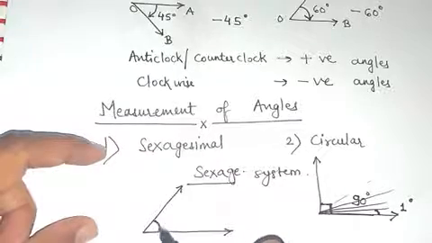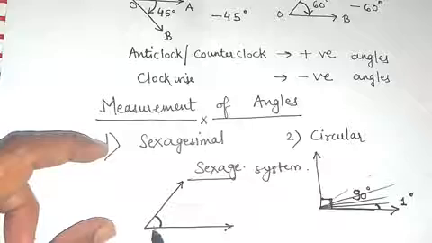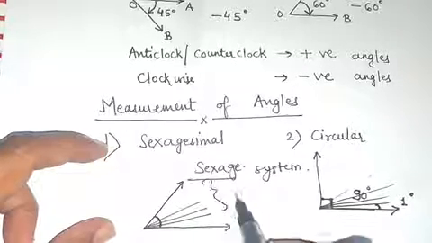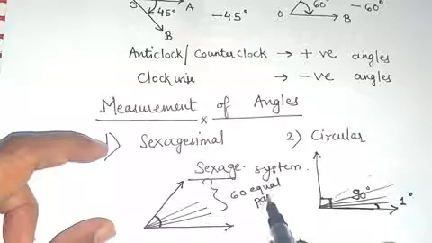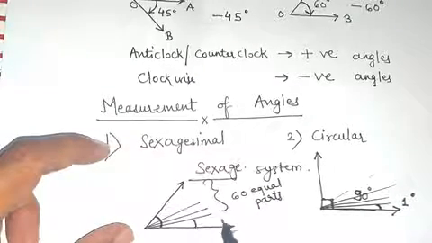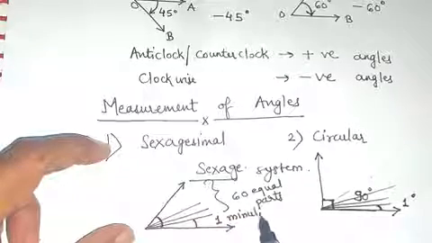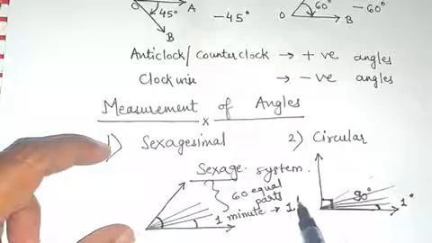This is just an assumption for well understanding. Now this 1 degree part is divided into 60 equal parts. Remember, 60 equal parts, and one part will be called 1 minute, and it is symbolized as 1 minute.